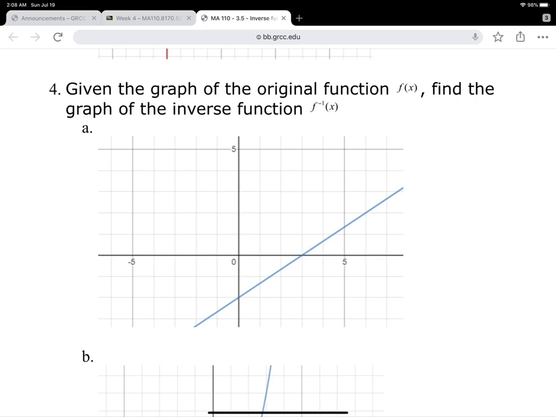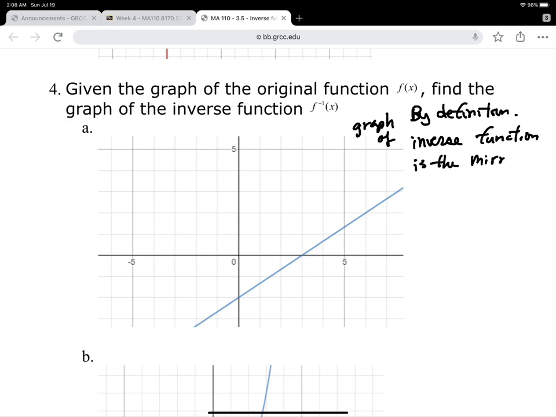So, by definition, the graph of the inverse function is the mirror image of the original function over the line y equals x.